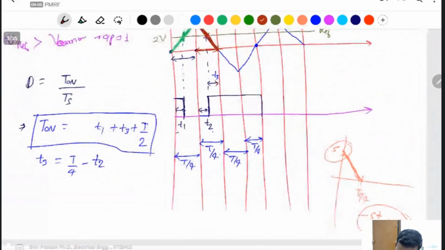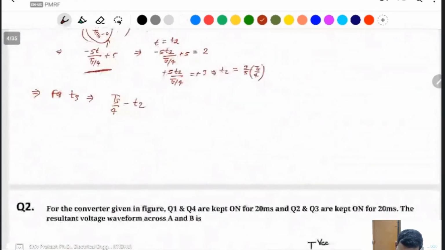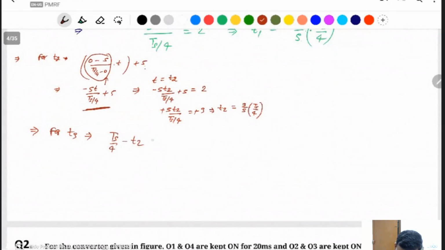The total time is Ts by 4, then Ts by 4 minus T2 is equal to T3. T3 is Ts by 4 minus T2, which is 3 by 5 of Ts by 4, so T3 is equal to 2 by 5 into Ts by 4.